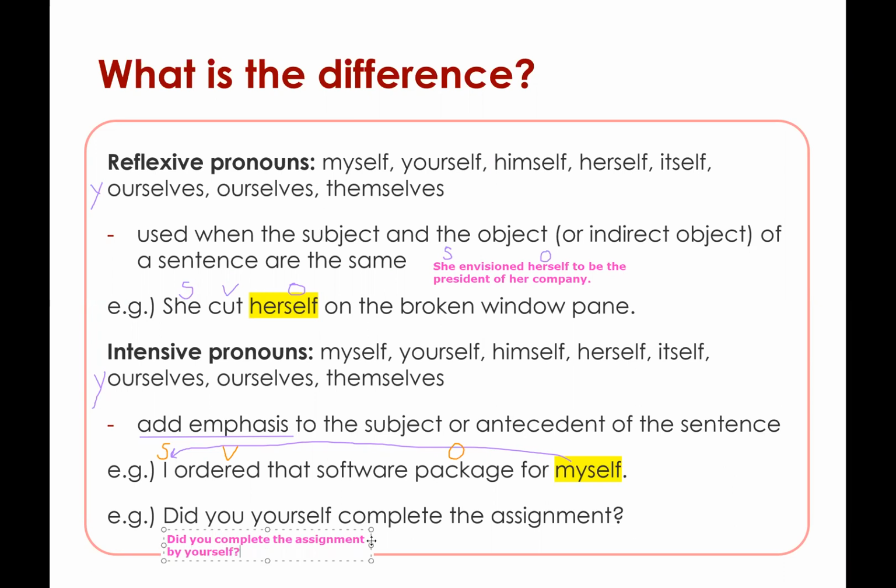So again, let's find our subject, verb, object. Subject is you. Verb would be did complete. So remember, this is a question, so your helping verb comes before, right? And your main verb comes after, did complete. And what's the object? What is the thing that is being completed? It's actually the assignment, not yourself, right?